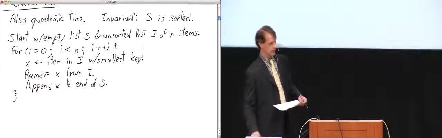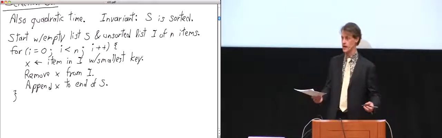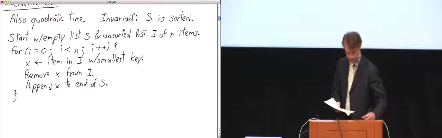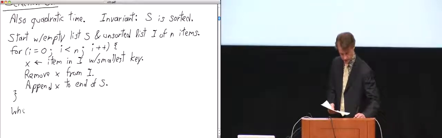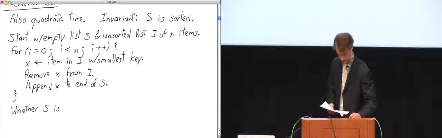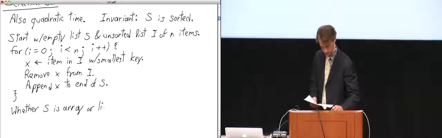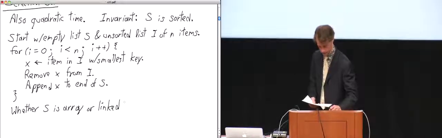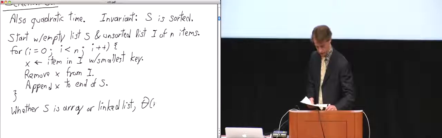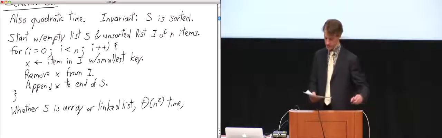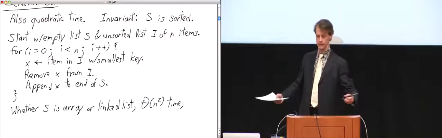It doesn't matter whether we're maintaining this as a linked list or an array. Either way, finding the smallest item is going to take linear time. So overall, the whole algorithm takes theta n squared time to do selection sort, even in the best case.